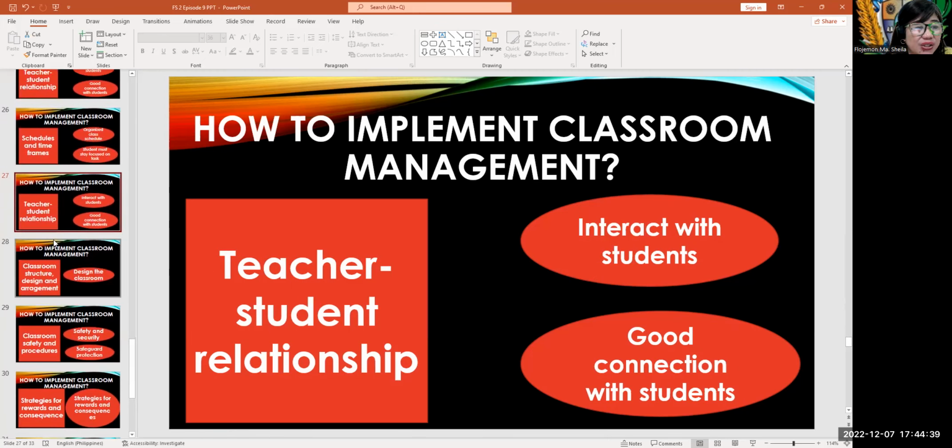Next is teacher-student relationship. Teacher-student relationship is when you interact with students and have a good connection with them, then you will achieve a good teacher-student relationship.